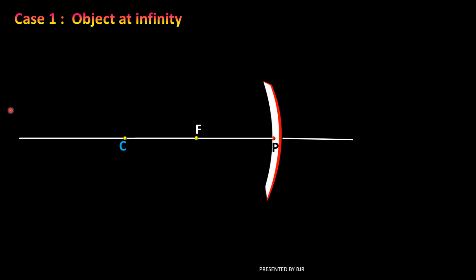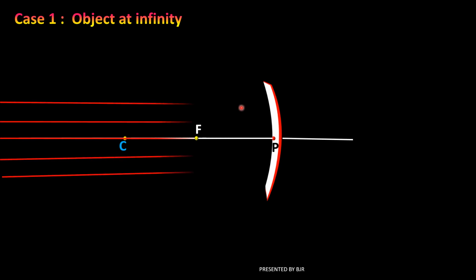Suppose the object is this side at infinity, then all the rays coming from that object will become parallel when they come nearer to the mirror. So here are some parallel rays which are parallel to the principal axis. These are the incident rays. You see, all these are the parallel rays which are coming from the object at infinity.